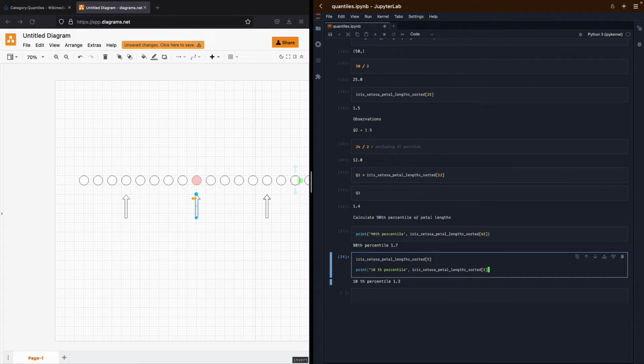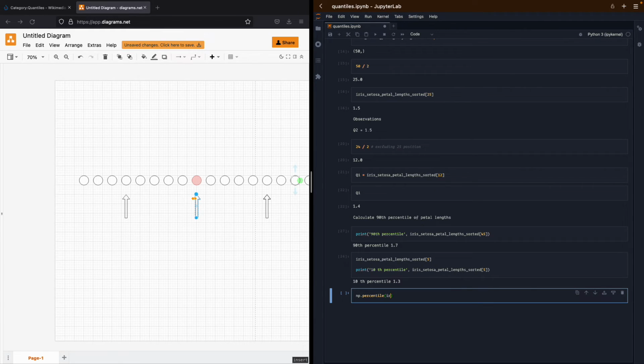Okay, so let's see how we can do it using NumPy's native built-in functions. NumPy has something called np.percentile, and we are going to give it that data.